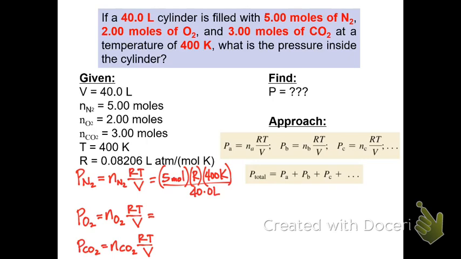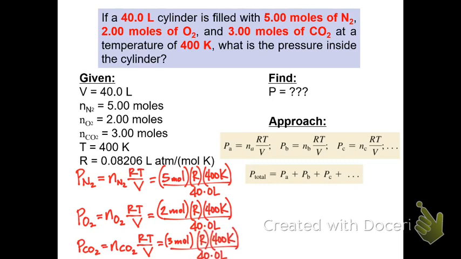We can do the same thing for the other 2 gases. The number of moles of oxygen gas is 2 times RT divided by V. And for carbon dioxide, that's 3 moles times RT divided by V.